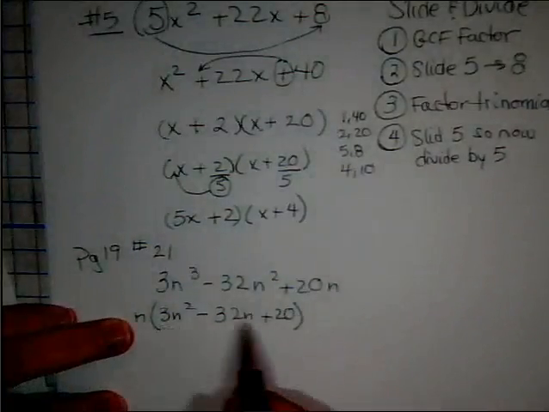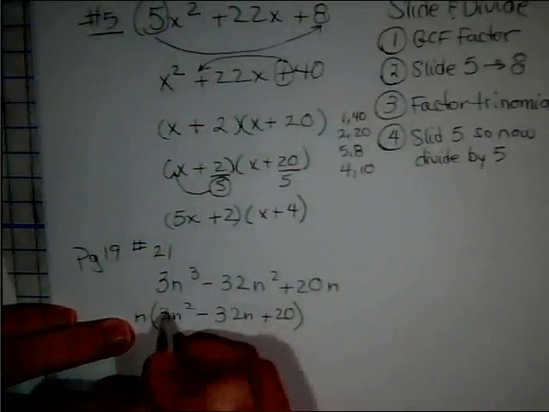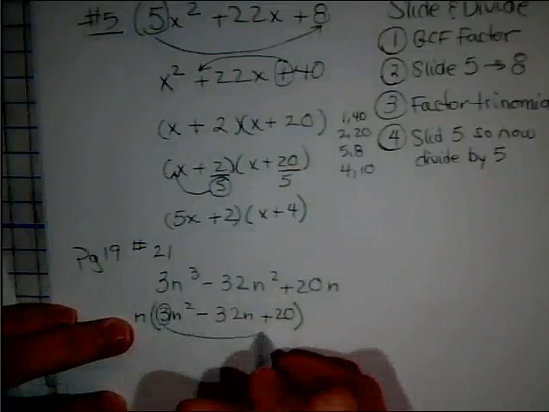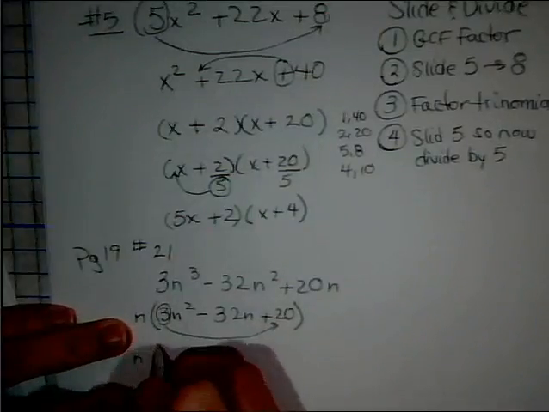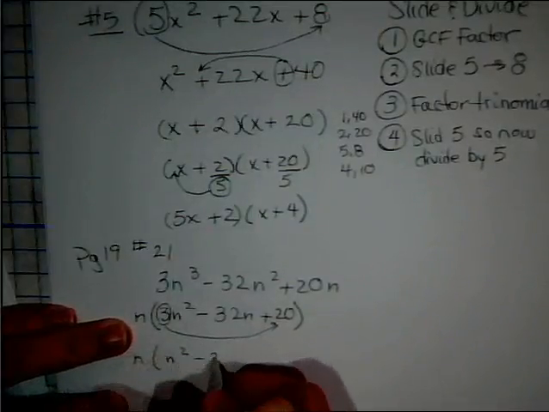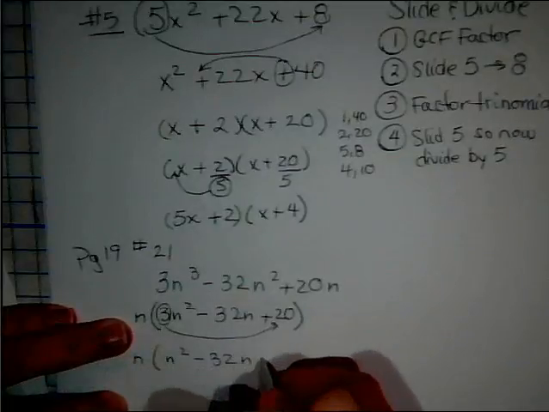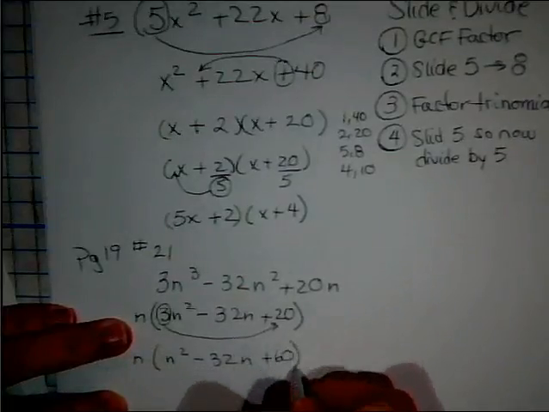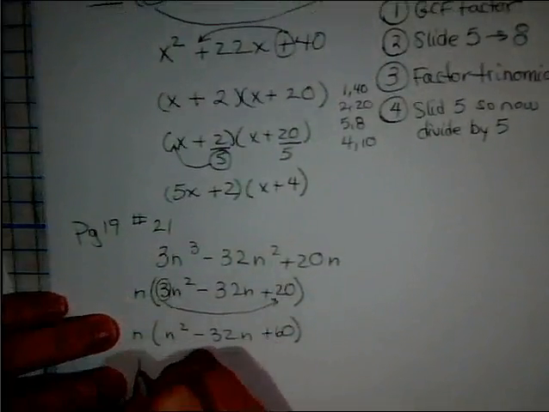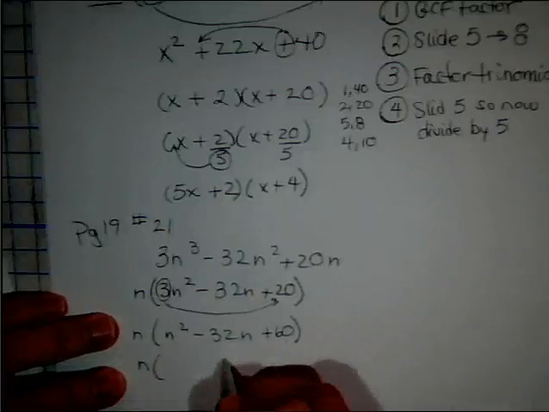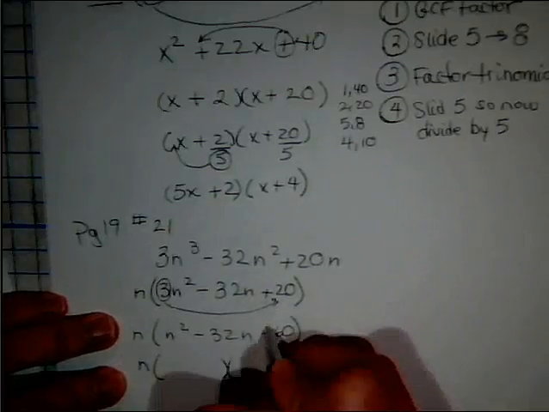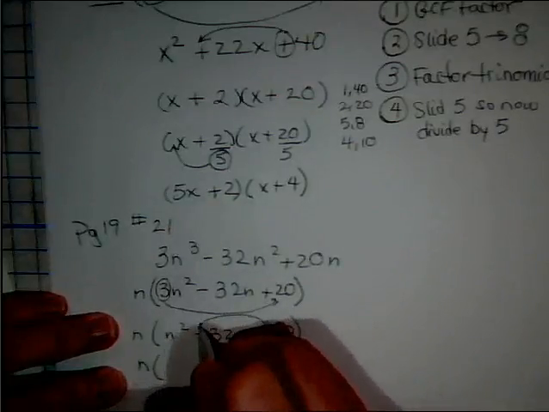Now, within that section, we are going to go ahead and slide. So we have n times n squared minus 32n plus 60. We're going to drop our n again, and we've got to factor this piece. This tells us signs are the same, and they're both going to be minus.